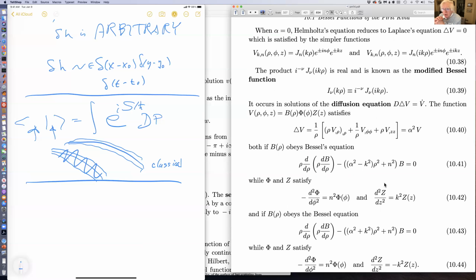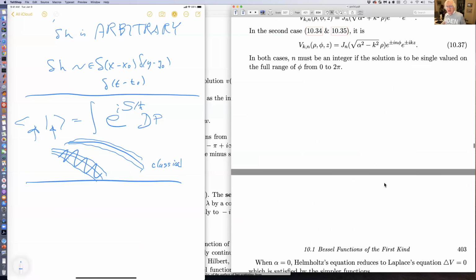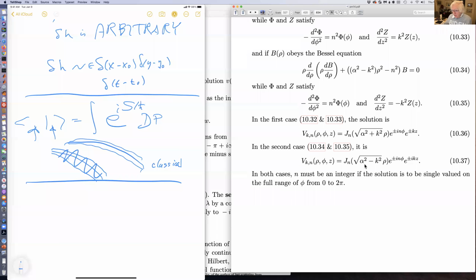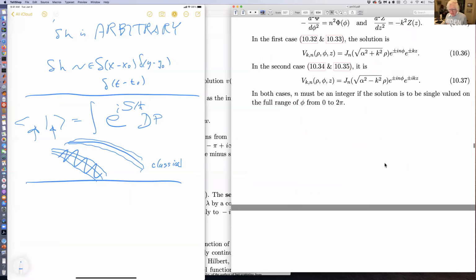When alpha is 0, Helmholtz's equation just reduces to Laplace's equation, and then the alpha goes away, and so we just have Jn of k rho, or you have Jn of ik rho.